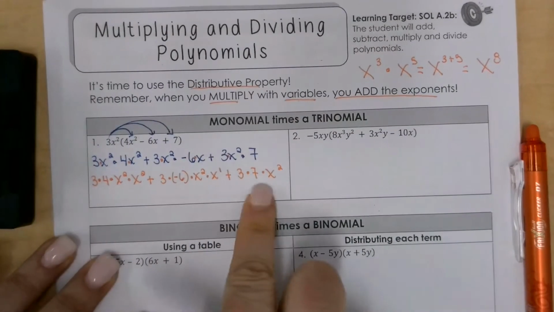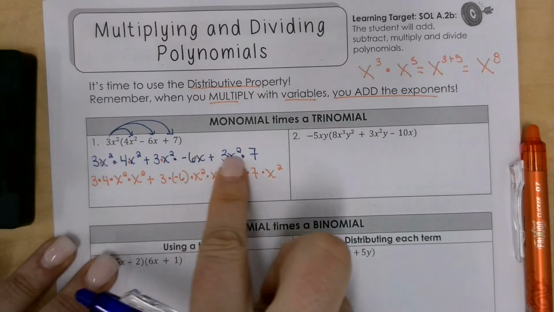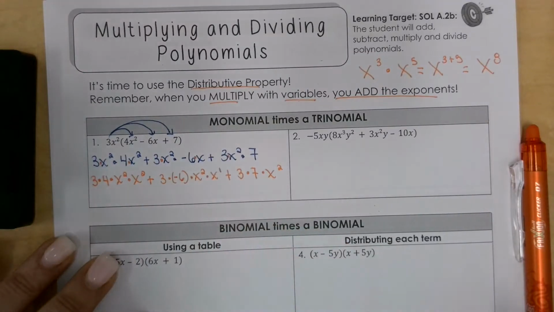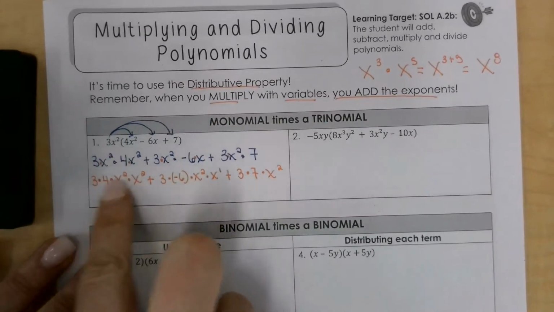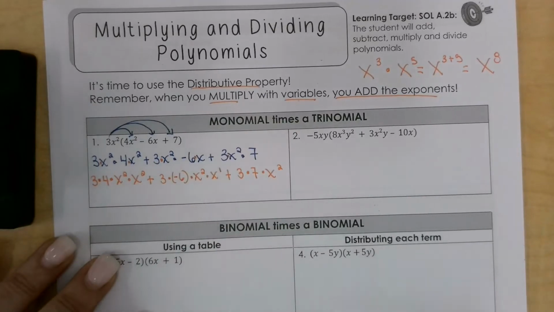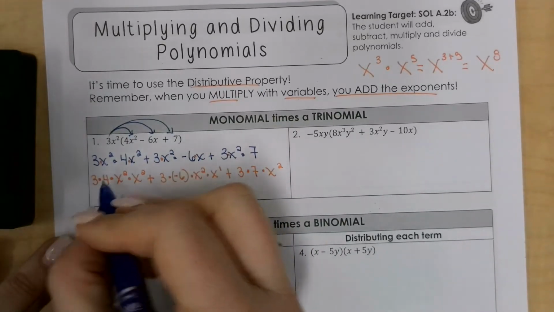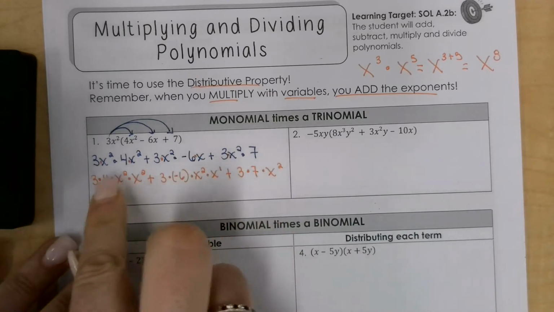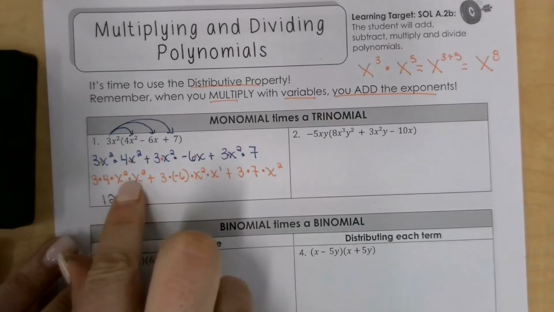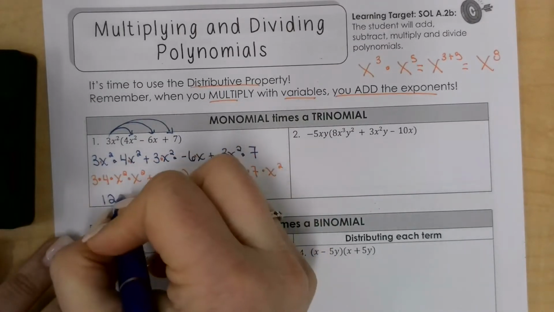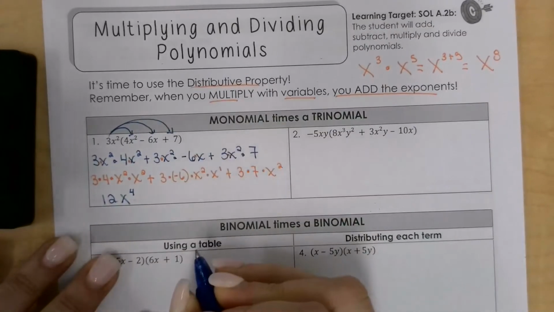This is not a necessary step, but I think it helps you see the breakdown of what we're doing. So now I have 3 times 4, which is 12, and I have x squared times x squared, same base, so 2 plus 2 is 4, so this is 12x to the 4th.